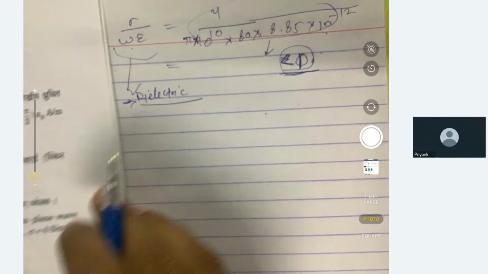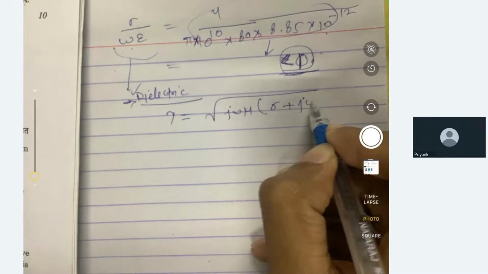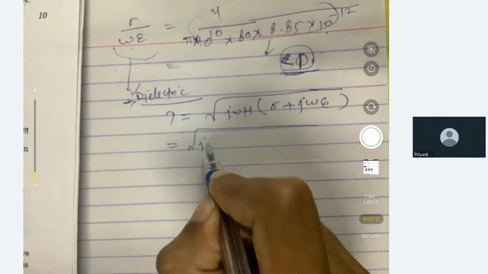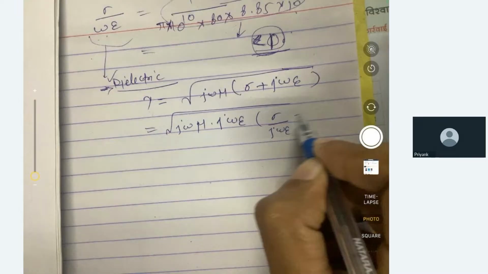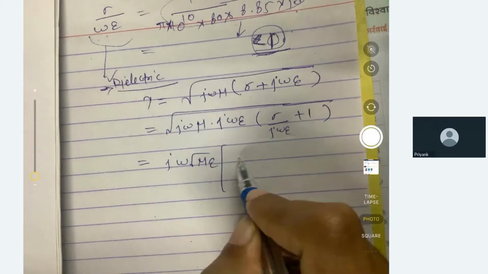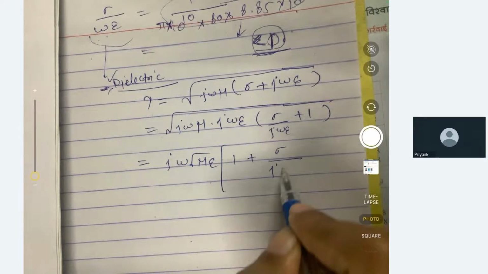For dielectric, we find gamma is equal to the square root of j omega mu into sigma plus j omega epsilon, and we take out j omega epsilon: j omega epsilon into sigma upon j omega epsilon plus 1, which is j omega under root mu epsilon times 1 plus, using the binomial expansion only to the first term, sigma upon 2 j omega epsilon.